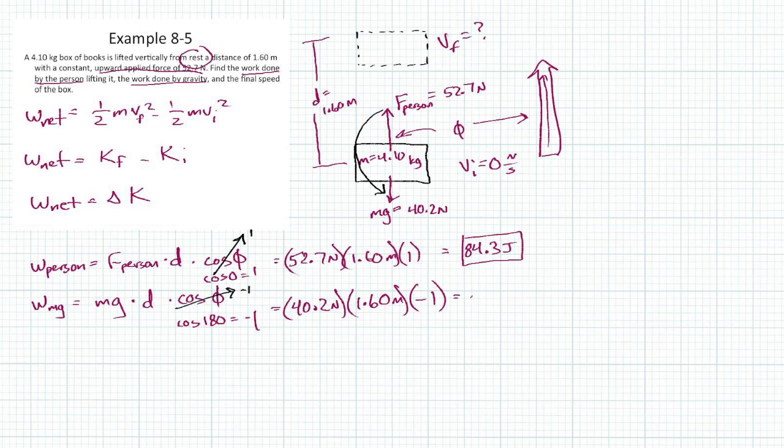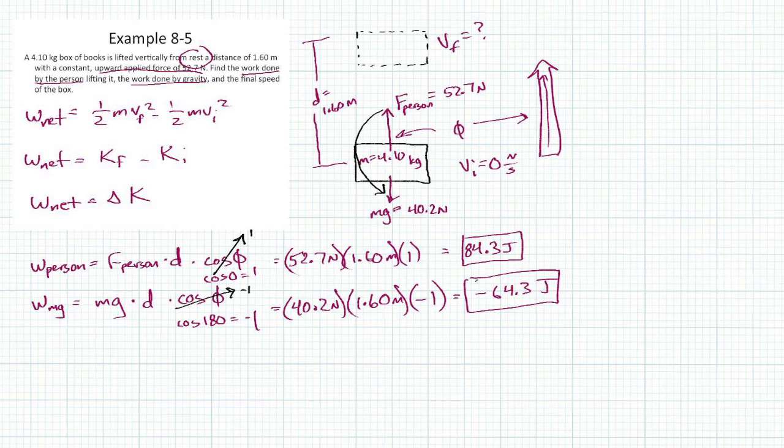So our work done by gravity is going to be 40.2 times 1.60 times -1. That should be -64.3 joules.